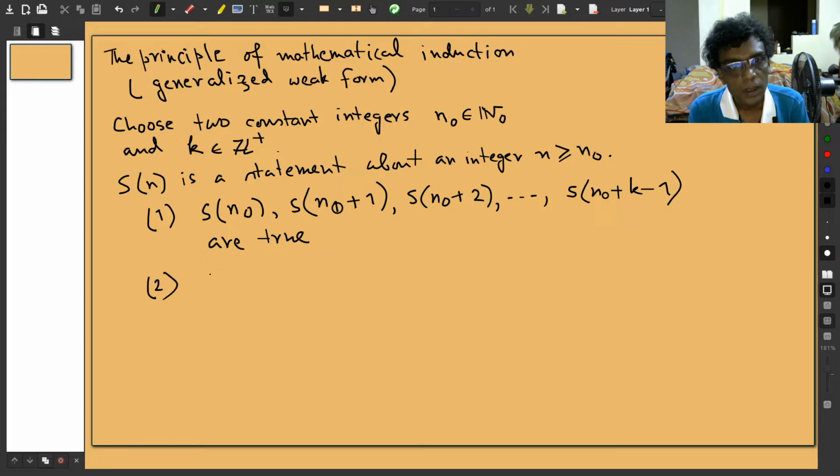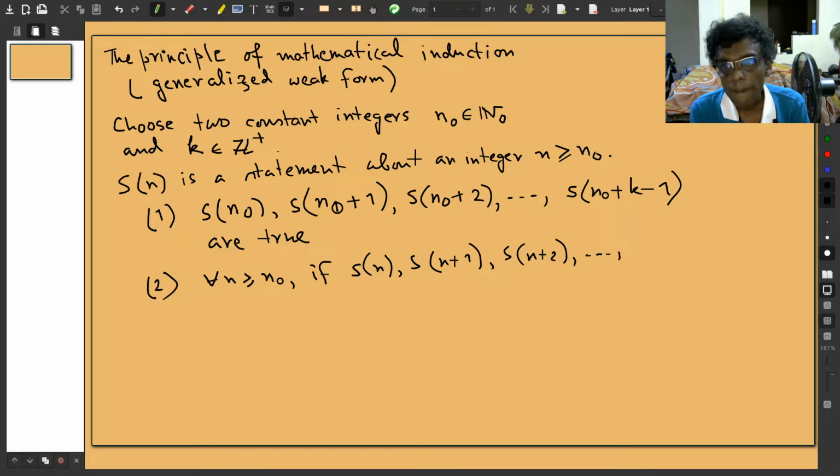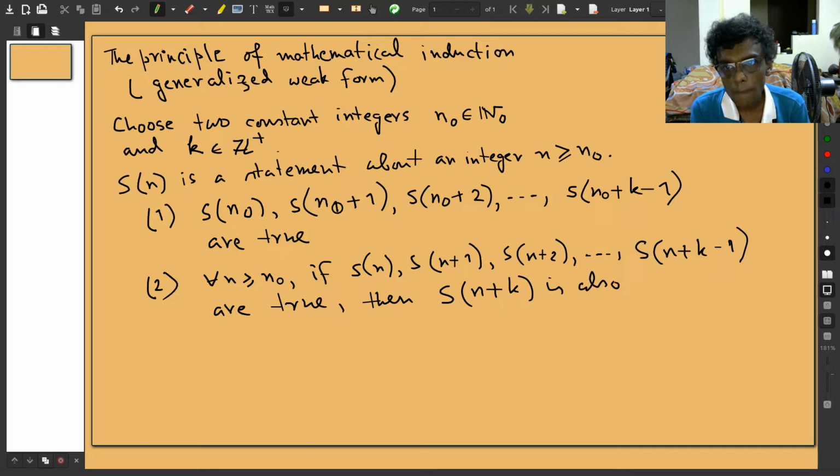Second, for all n greater than or equal to n0, if Sn plus 1, Sn plus 2, and so on, up to Sn plus k minus 1 are true, then Sn plus k is also true.